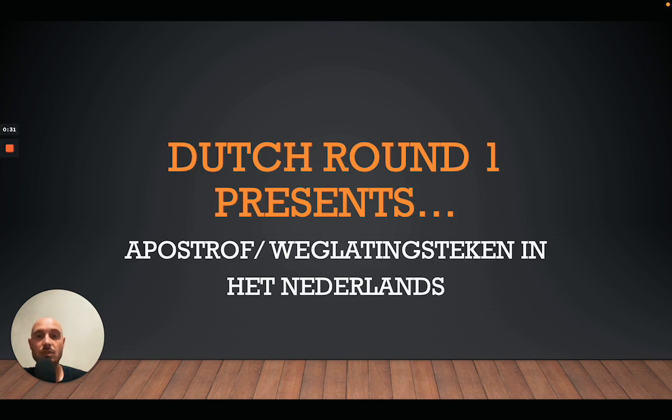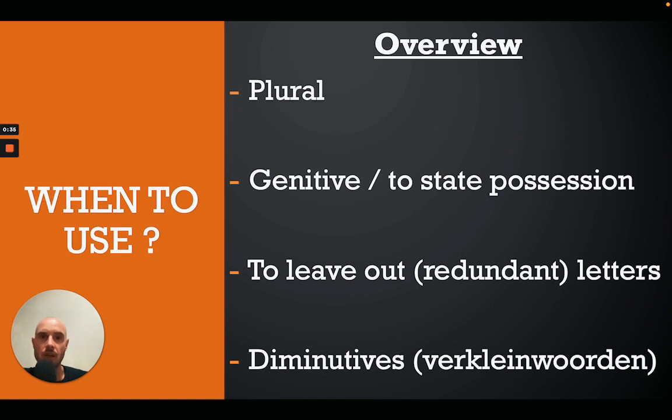But let's not waste too much time and go straight for the explanation. First of all, I'll give you a little bit of an overview. We are going to see when and how to use the apostrophe in Dutch. There are 4 cases. We use it sometimes with the plural in Dutch. We use it as a genitive, or to state possession.